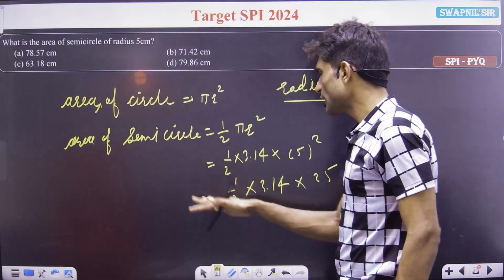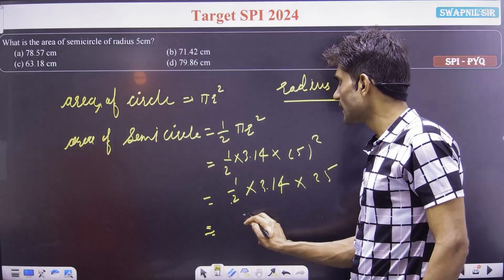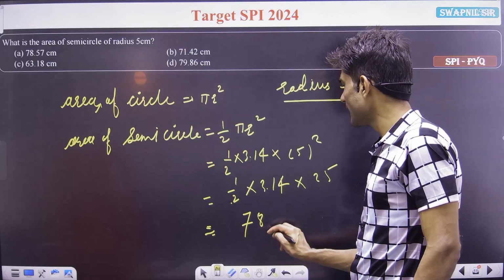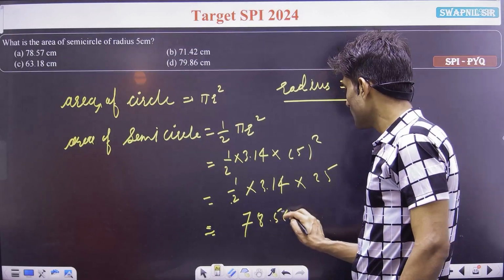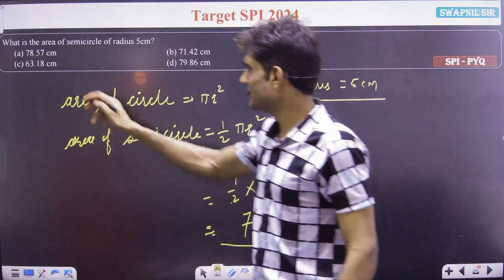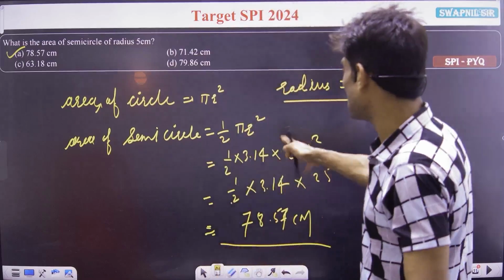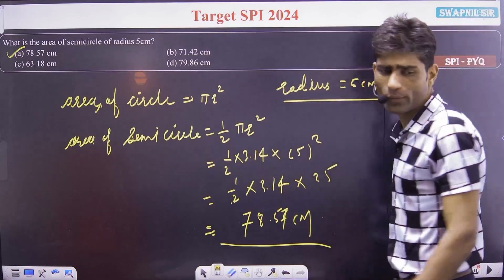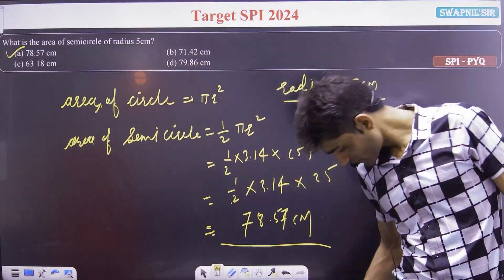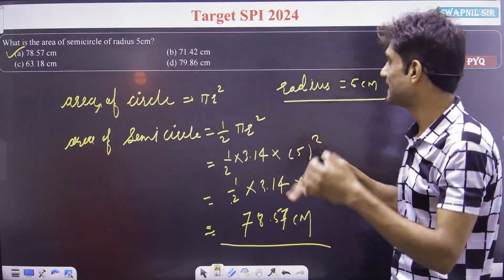Going through the calculation, we get the answer 78.57 centimeter square. This is our required answer, which is given in option number first. I hope you all have understood this solution. You need to remember the formulas only. Once you understand the formula properly, the next part is easier to understand.